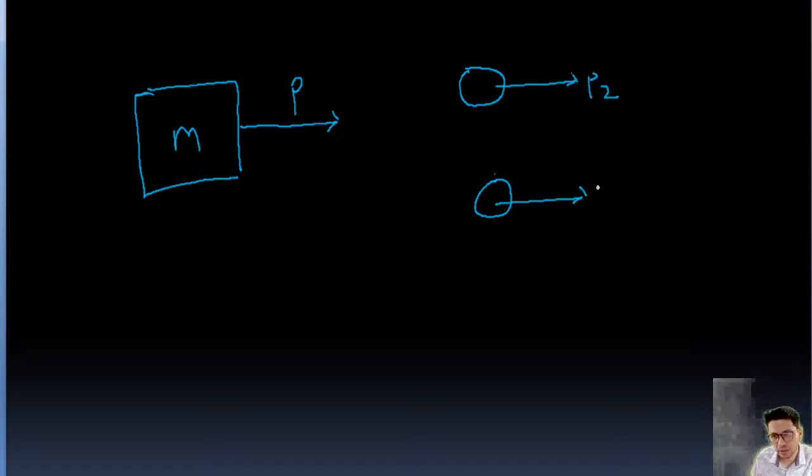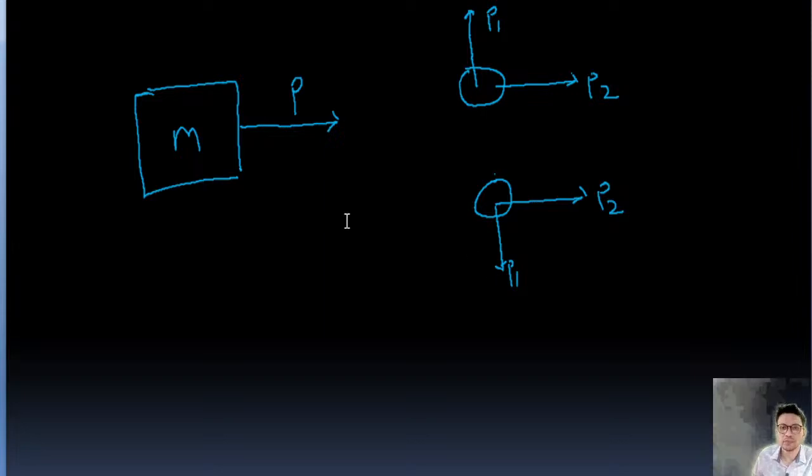Very simple question. We are going to use conservation of momentum and conservation of energy, and we'll get the required answer. So this heavy particle decays into two particles. Suppose this is one particle and this is the other. Its momentum along the z direction is p2, and its momentum along the direction perpendicular to z, this direction, is suppose p1. Similarly for this one also, p1.